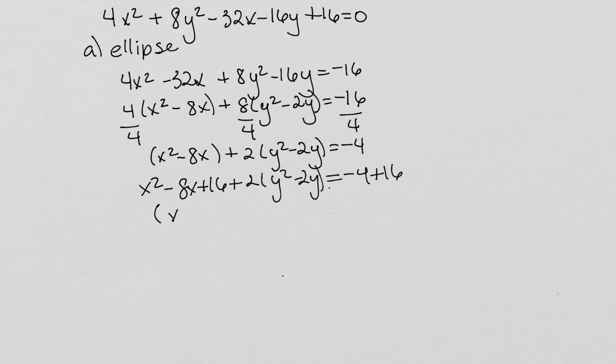So that perfect square trinomial factors down to x minus 4 squared. And the right side of our equation simplifies to 12. The next thing that we want to do is the same process with our y's. But to make that a little bit easier, we can divide everything by 2.